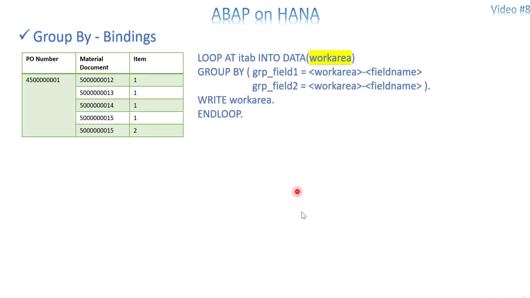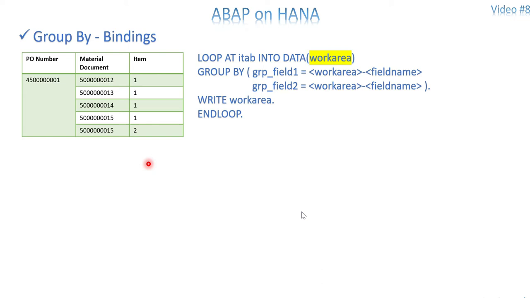Another one is bindings. Previously we have seen representative bindings, and now we are going to see group key bindings. Normally with a group by, the very first question is the number of records: how many records are available in the first group. The size is very important.